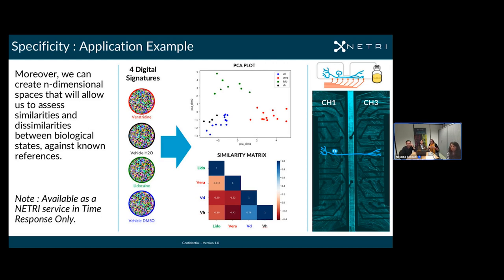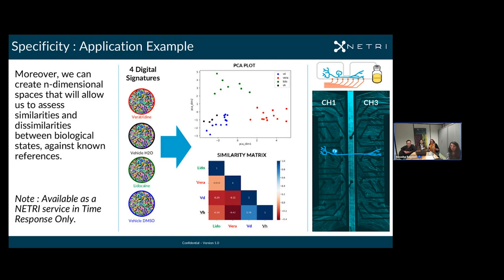In this example, we use veratridine, which is really known to induce well-defined burst-like activities. Again, we use lidocaine as a control, which is also used in clinic, as a reference for a powerful analgesic effect created in this system.